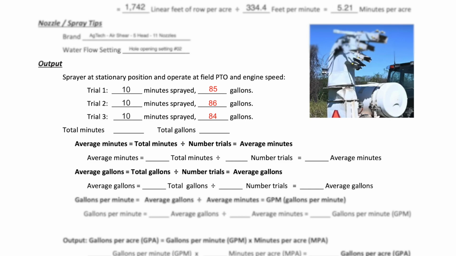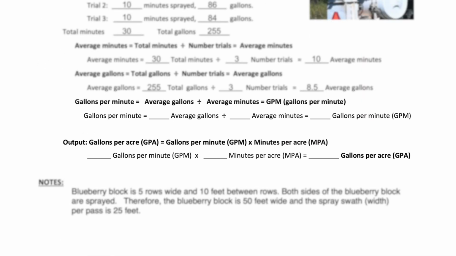With a total spray time of 30 minutes and a total output of 255 gallons, we'll divide each of those figures by 3 and determine that the average test spray for 10 minutes produces 85 gallons. The amount sprayed during the measured time can then be translated to the number of gallons per minute being applied.